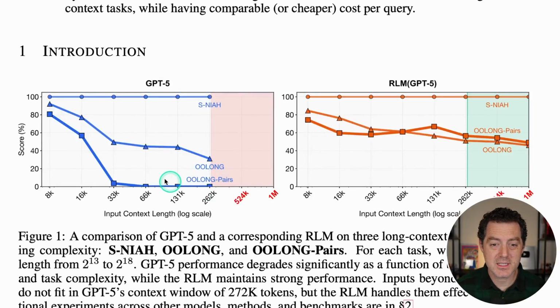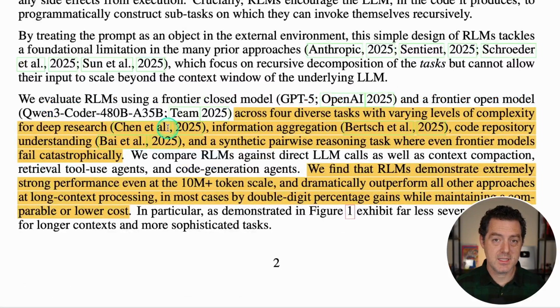But some of these harder tests have not been. So they tested it against 4 main use cases: deep research, information aggregation, code repository understanding, and synthetic pairwise reasoning tasks. And for that last one, even frontier models fail very badly on those tasks.